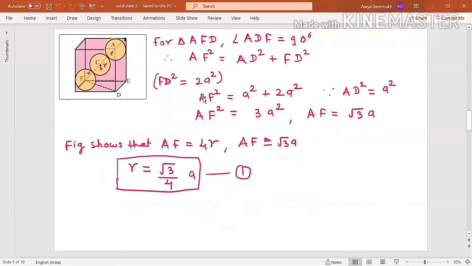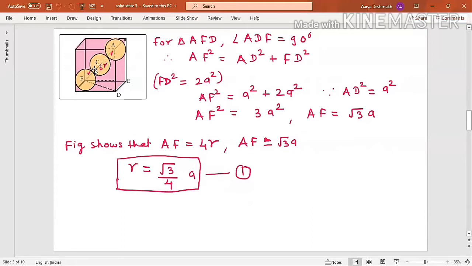Now we'll go for the triangle AFD, with A, F and D. So in this triangle AFD, angle ADF will be equal to 90 degrees. Now this angle A, D and F, it is 90 degrees here.